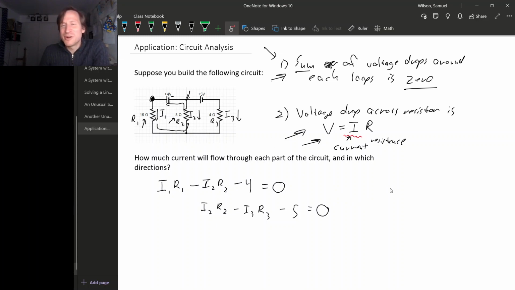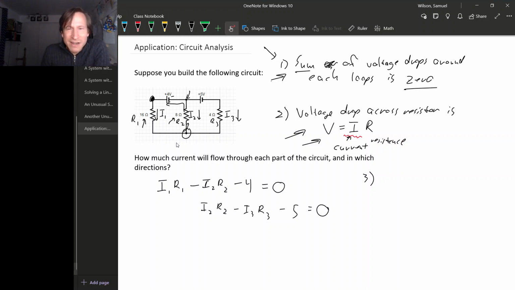There's actually one more fact about circuits that I neglected to mention earlier, which is any place where you have 3 currents coming together, these currents have to all add up to 0. And that's just reflecting the fact that as electrons flow through a circuit, you don't create electrons. The electrons move around, but no new electrons appear and no old electrons disappear, as long as you don't have sparks jumping in or out of your circuit, I guess.